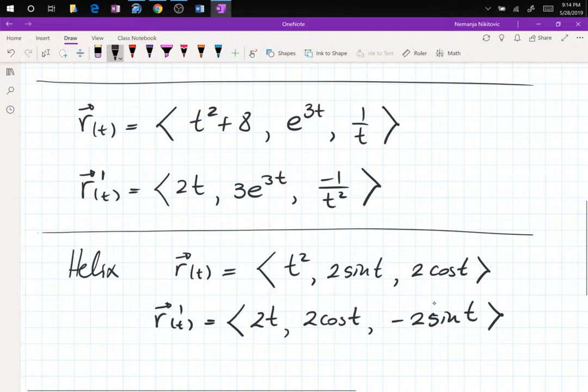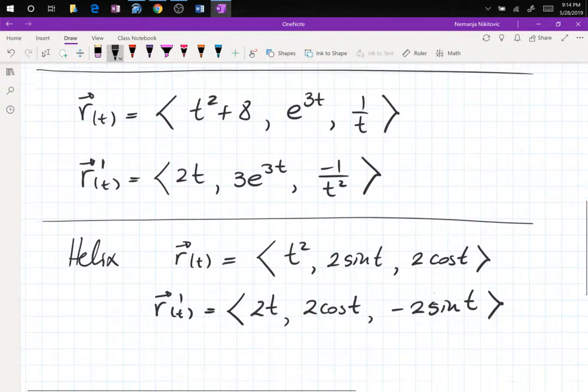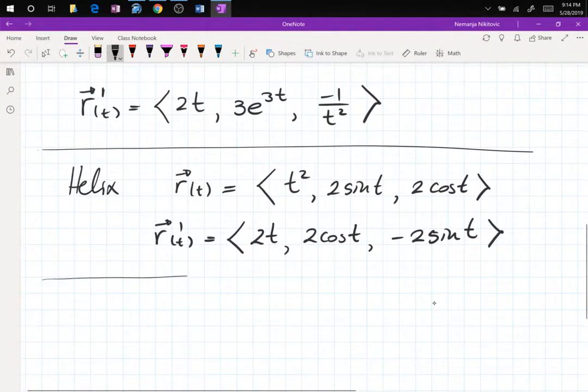Nice. So we are going to take the derivative of each one of these independently and have them separated by commas. If you want to use ijk component notation, be my guest. It's all good. You can.